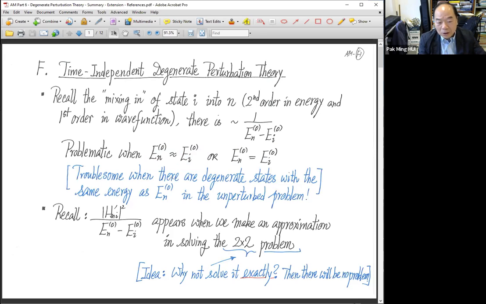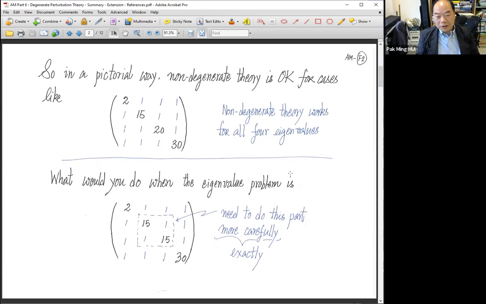So the question is what to do if you have a situation like this in your H0 problem, when you have unperturbed eigenvalues that are close to each other. I would like to state this problem in a very simple way. And the way out is if you understand this simple matrix question.